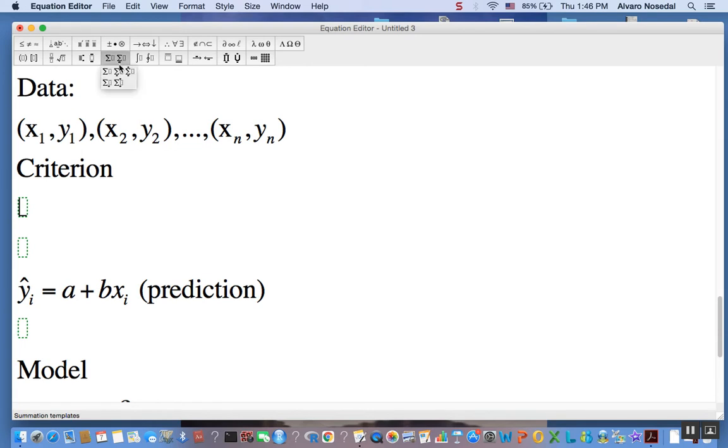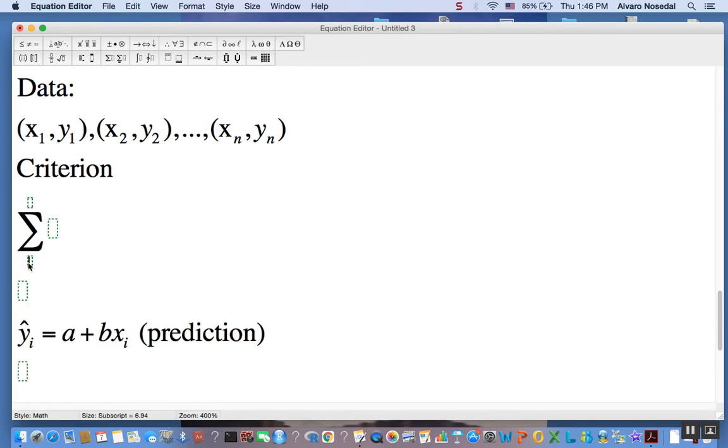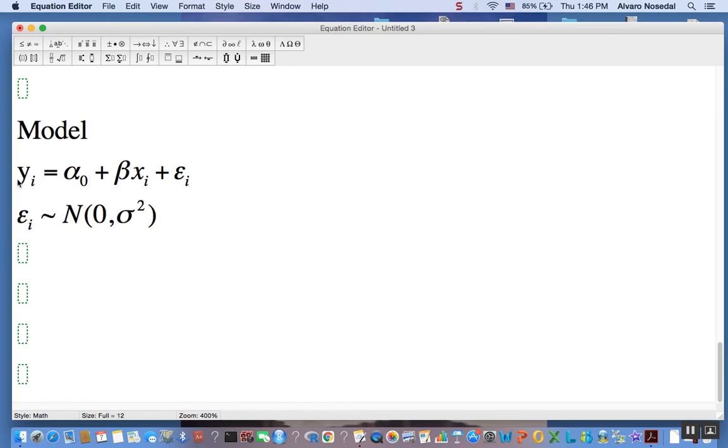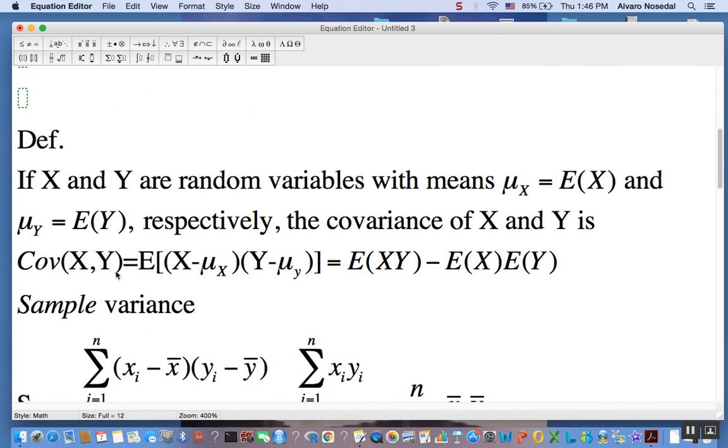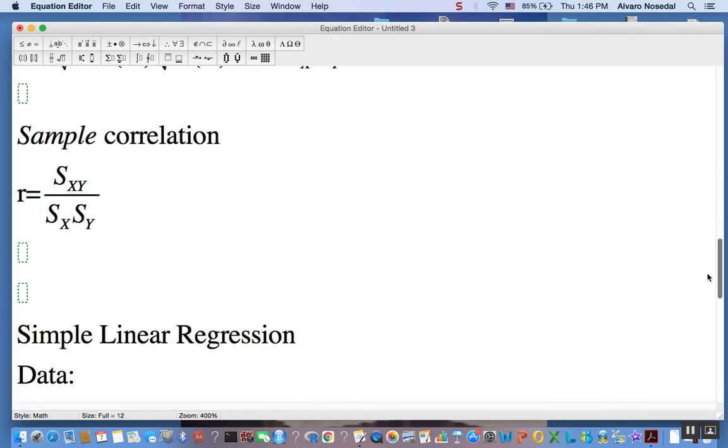We're going to measure the distance between our observations and our predictions. We're going to square it, and we're going to add up all those squared differences for every single observation. Okay, so here we go.